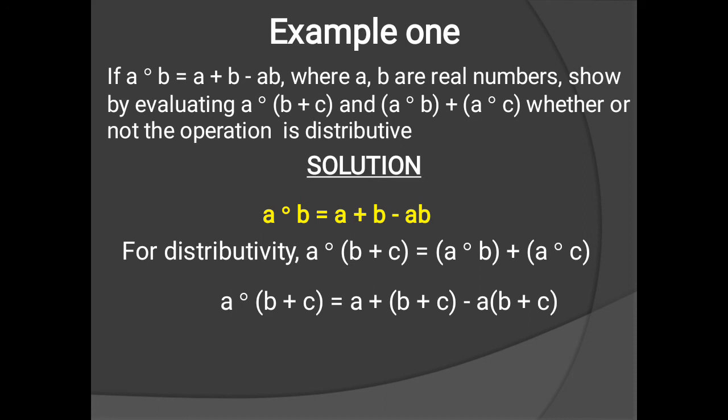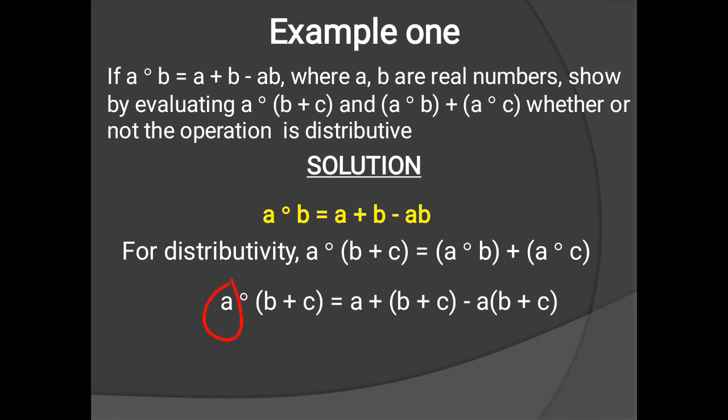So we are starting to solve with A operation (B plus C). Now you can see over here there is no operation; it's like they have already solved it for us. We can't add B to C, so we can't simplify further. So the whole of this is the second one.